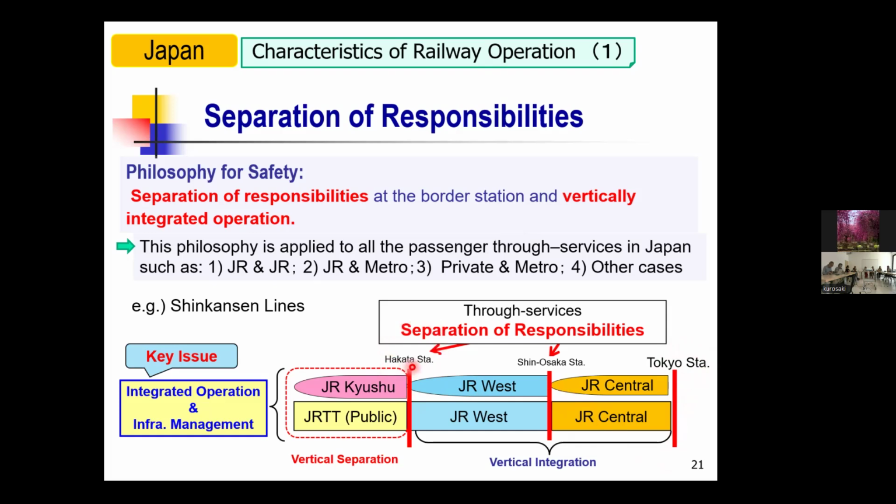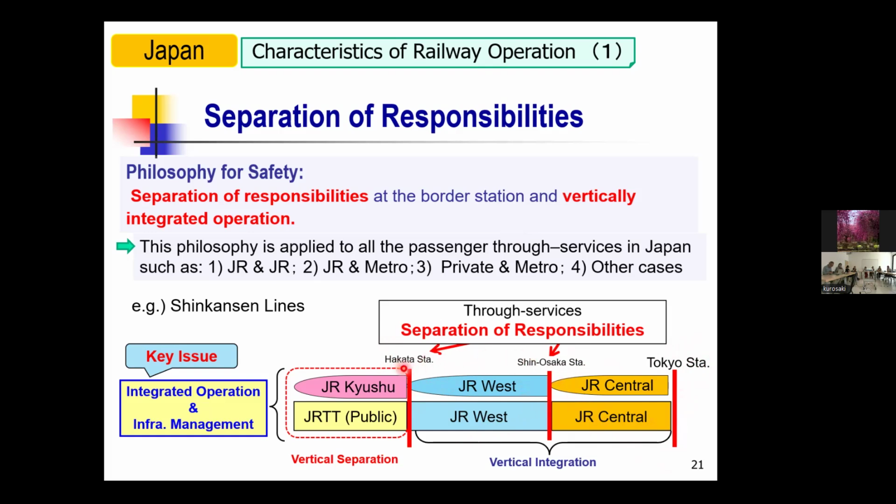So passengers can enjoy direct trip without changing trains from Tokyo to Hakata. However, one company, namely JR Central, operates between Tokyo and Shin-Osaka, and another company, namely JR West, operates between Shin-Osaka and Hakata.